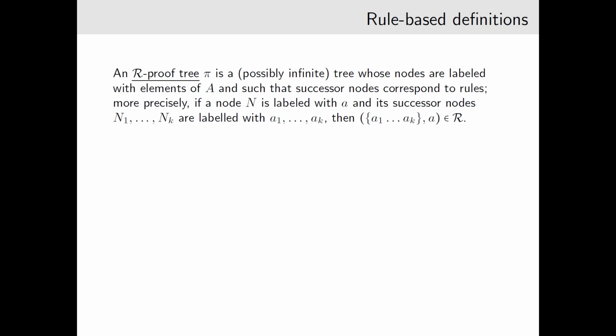Okay, so in pretty much any mainstream proof assistant, you can define this as a data type plus perhaps an invariant. So what we are interested in is that each node corresponds to a rule application. The rule application could be an axiom, right? Which means that the tree ends there. That's an actual leaf. Okay, so it's clear what the notion of an R proof tree is for a set of rules.